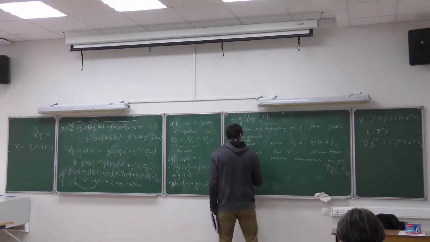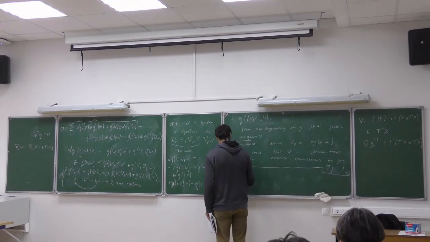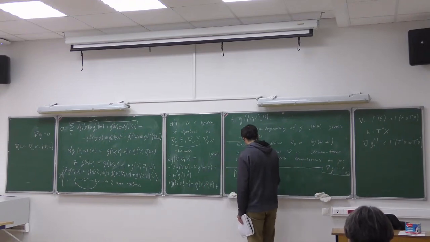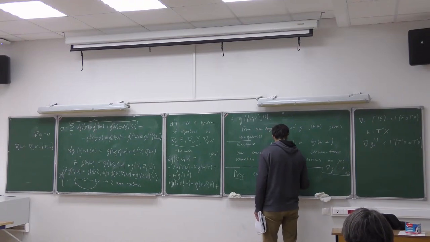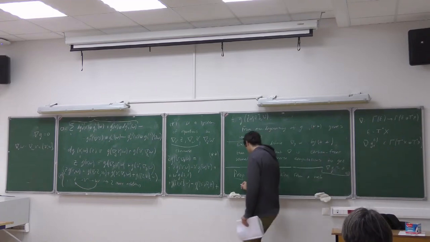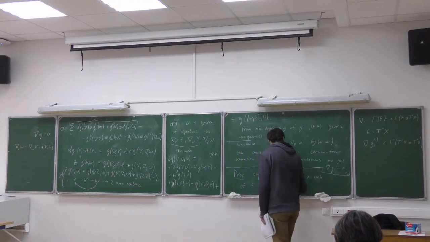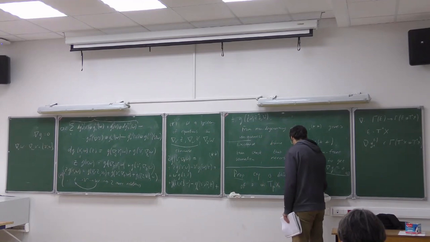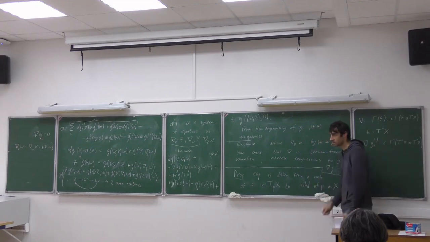We had this exponential map, and another proposition is that the exponential map is a diffeomorphism from a neighborhood of 0 in T_pX to a neighborhood of P in X. So this was one of the problems for today's seminar.